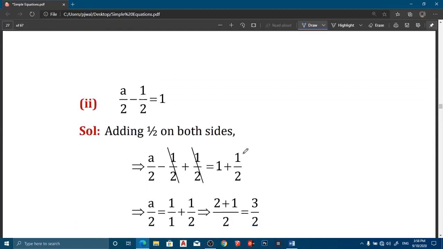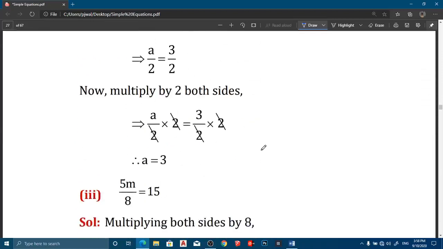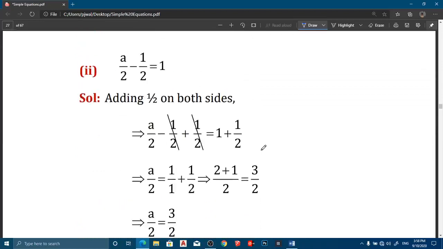Next, a by 2 minus 1 by 2 is equal to 1. Okay. Same problem, maybe this type of problem is already there in the previous one. So here you can add plus 1 by 2 on both sides. So minus 1 by 2 plus 1 by 2 gets cancelled. So therefore a by 2 is equal to 1 plus 1 by 2. What does that mean?